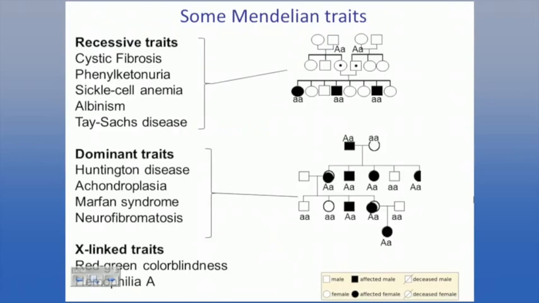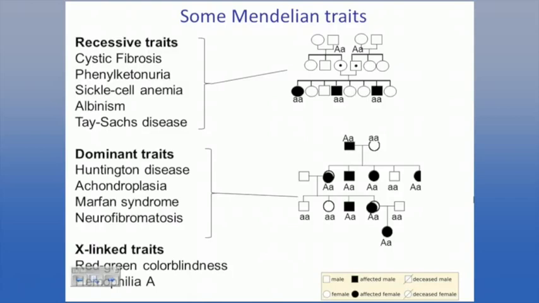So I just wanted to put up some examples of some Mendelian traits and look at how they're inherited. Some of the classic examples of recessive traits are cystic fibrosis, which are mutations in the cystic fibrosis transmembrane receptor, where in humans the major phenotype is in the lungs.